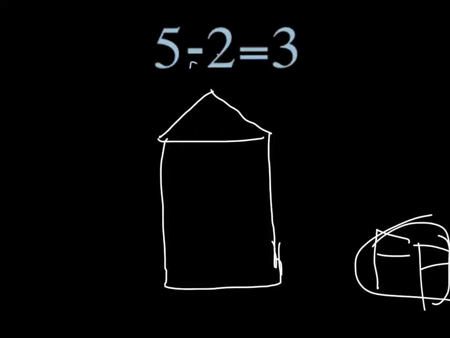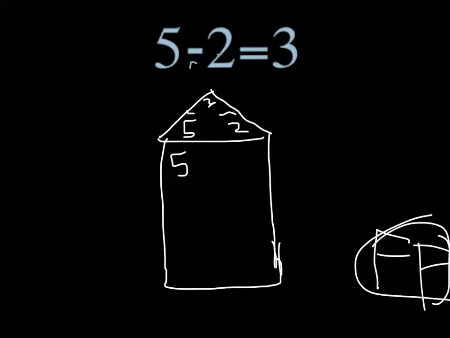And then you write this: 5, 2, 3. So this is how the fact family works. It's basically 3 numbers scrambled up differently to make 4 different number sentences.